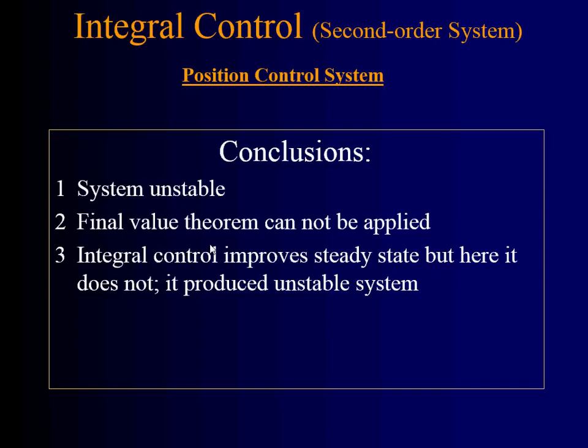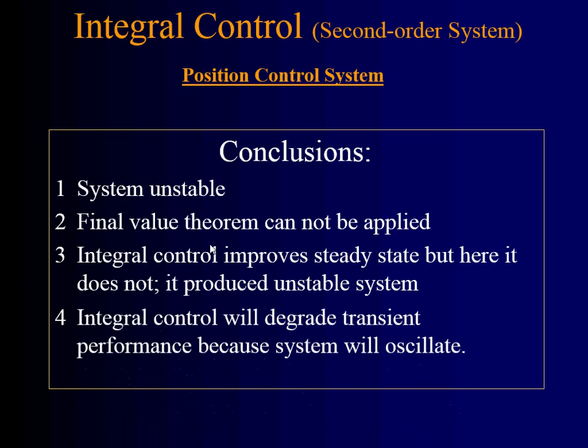So it has an undesirable effect also. It's just like everything in excess is bad. Let me put it that way. So you might have a little bit of integral control, enough to correct the error that you need. But if you put too much of it, the system will go unstable.